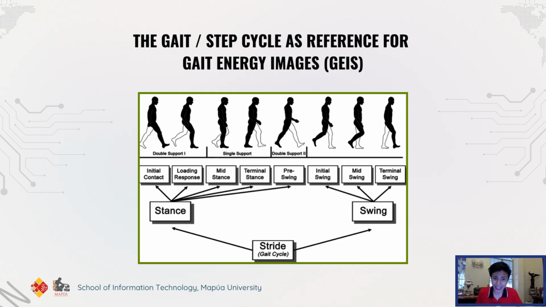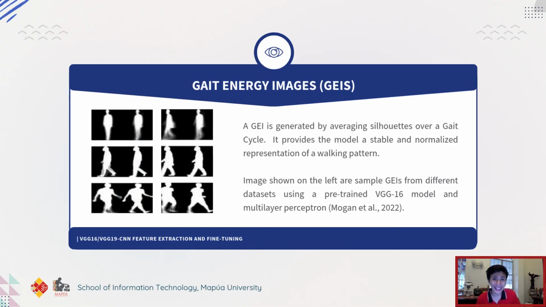GEIs compress the temporal dynamics of a person's walk into a single static image, extracting unique spatial and temporal features. The GEI is created by taking silhouette images over the course of the gait cycle and averaging them into a single grayscale image. This method smooths out the motion and captures the unique walking pattern of a person.